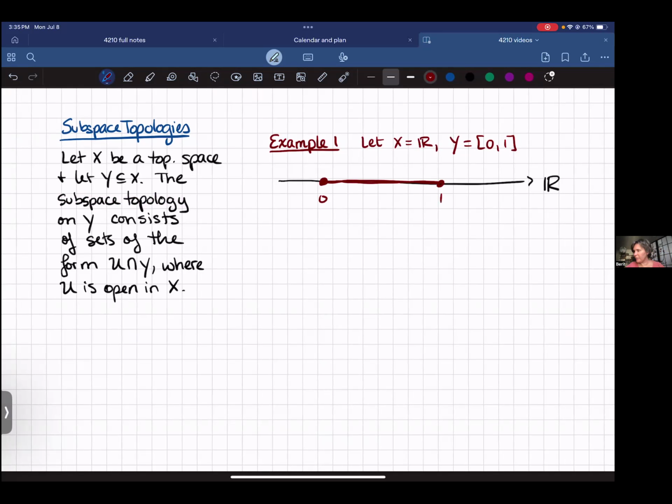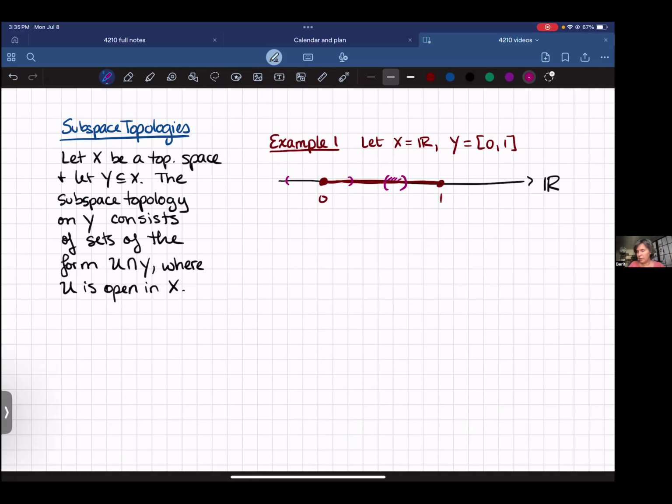Well, there's a number of different things that could happen. One thing that can happen is that I could have an open interval which is just inside of Y like that. When I intersect that kind of an interval with Y, I just get the interval itself. Another thing that could happen is I could take an open interval that overlaps with Y, but has part outside and part inside.